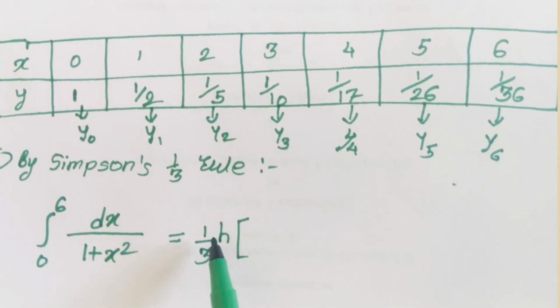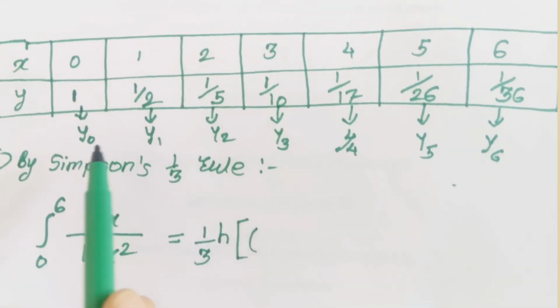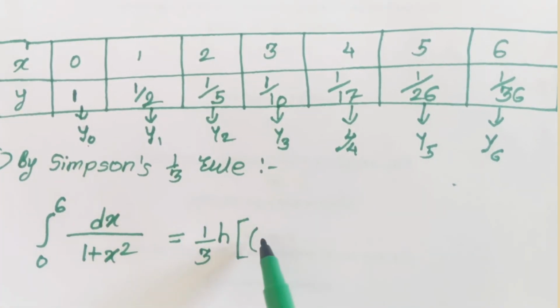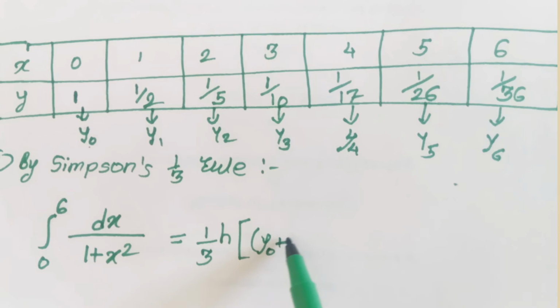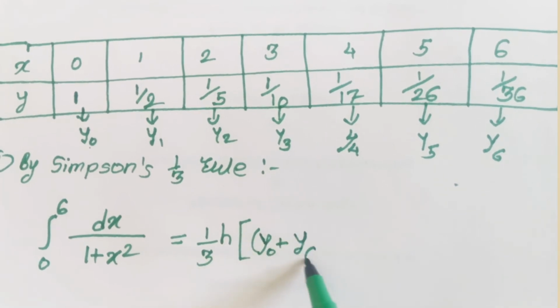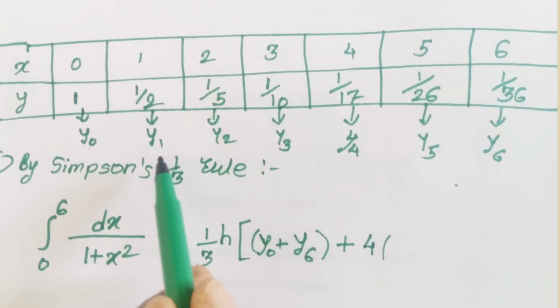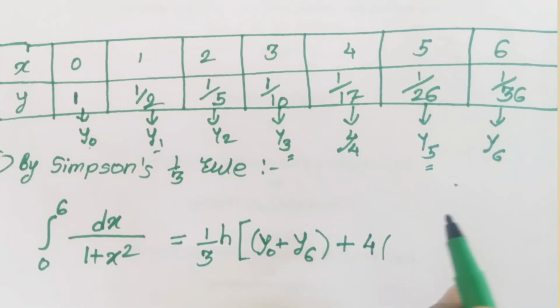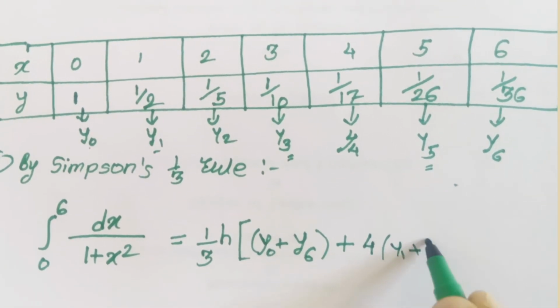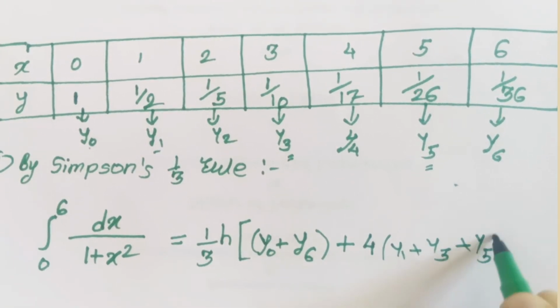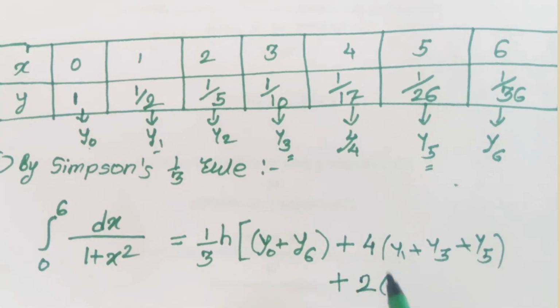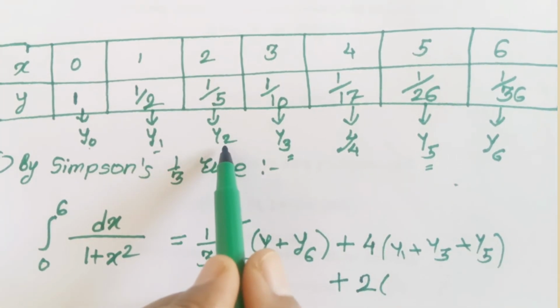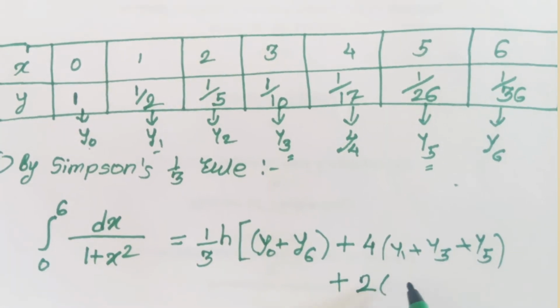Now the formula is 1 by 3h into bracket containing first term plus last term. Here the first term is y0 plus y6, plus 4 times the odd terms. Here the odd terms are y1, y3 and y5, plus 2 times the even terms. The even terms are y2, y4.